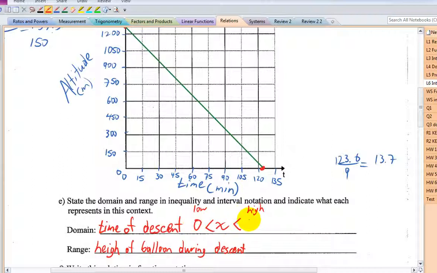What's our high value? 123.6. Okay. So then we have to write interval notation as well. For inequality, should we have the equal to sign part or not? Well, it can equal 0 at the beginning, and it can equal 120 at the end. So we must have the equal to sign.